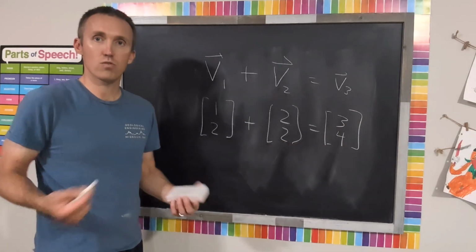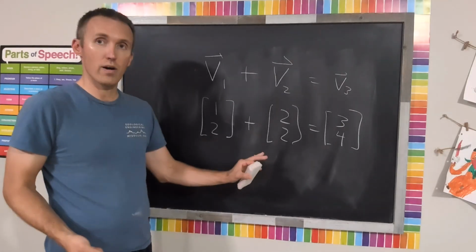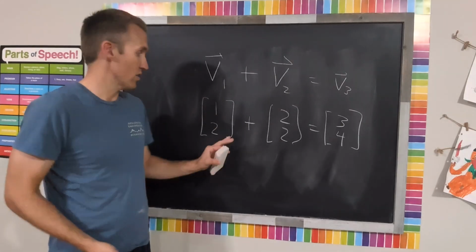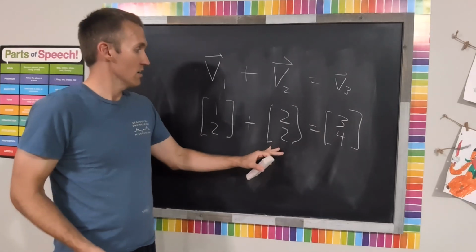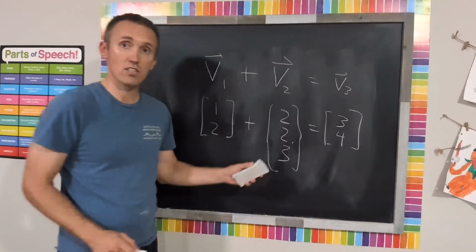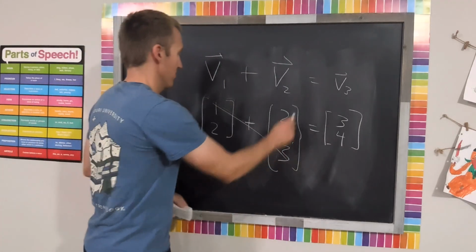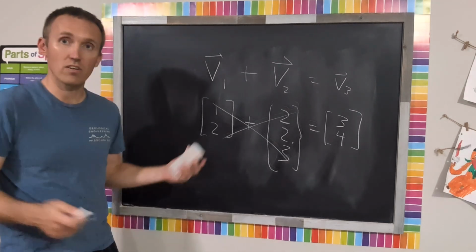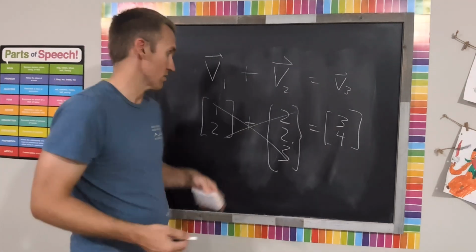Now you'll notice, in order for this to work, that I need to have the same dimensionality of each vector. So I need to have, like, we call this a 2 by 1 vector, so there's 2 rows, 1 column in a vector. Here's a 2 by 1 vector. If I was to make this a 3 by 1 vector, now this doesn't work. Can't add those together. They're different dimensions, and so that dimensionality is important for the vector.